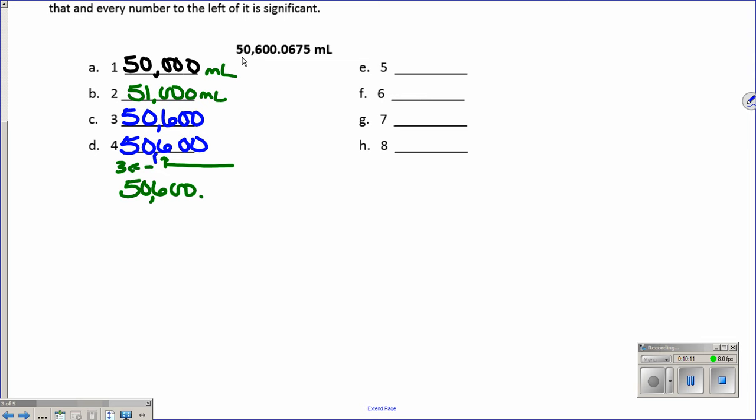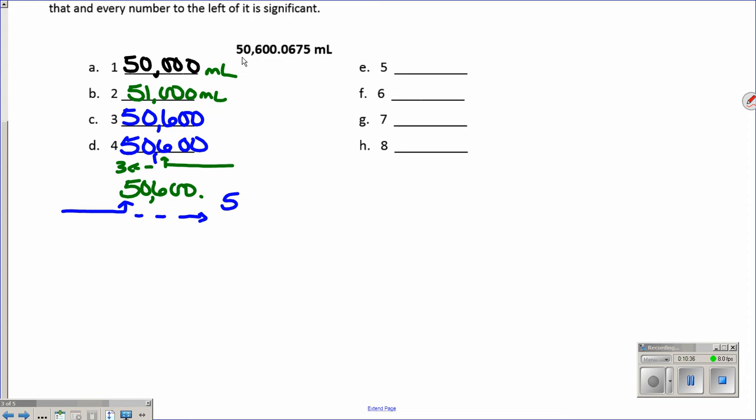By doing that, the decimal's present, and now we have 5 significant digits. So when you cannot get the number into the proper number of significant figures just by rounding, then you have to consider using scientific notation. As a matter of fact, the only way to get this number expressed to 4 significant figures is to use scientific notation.